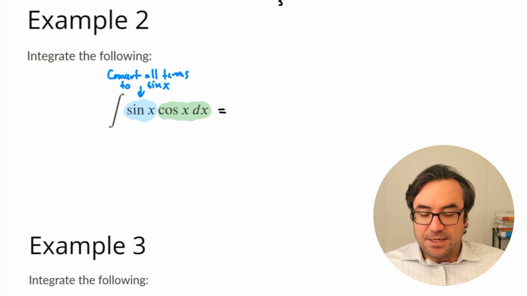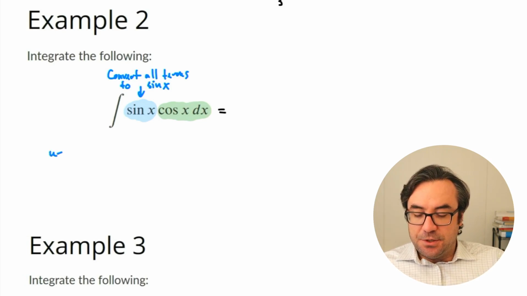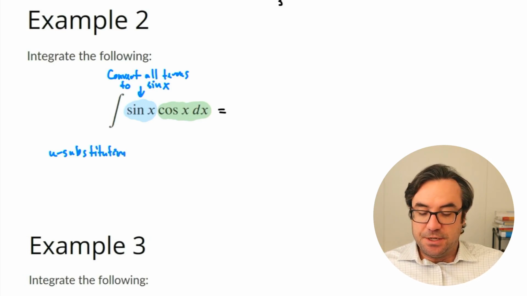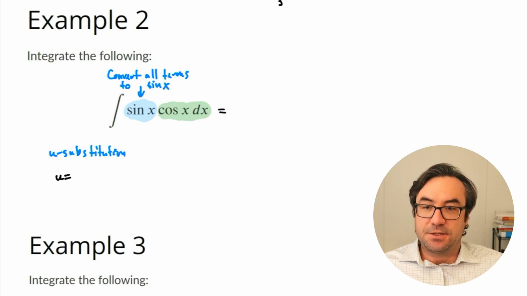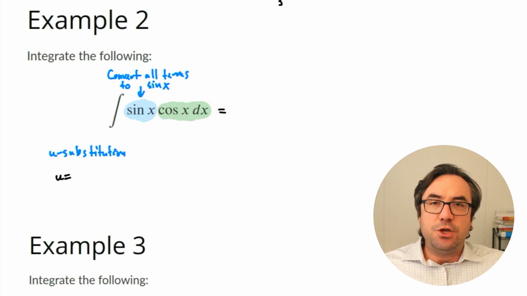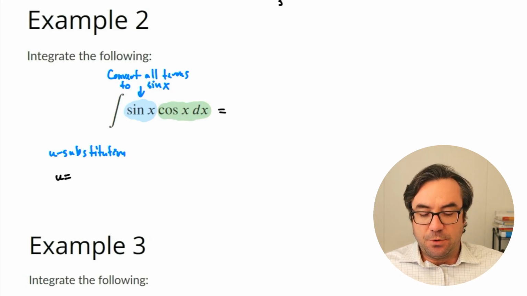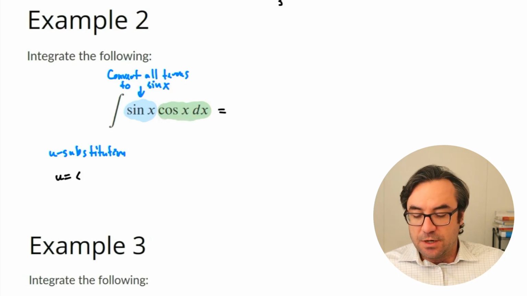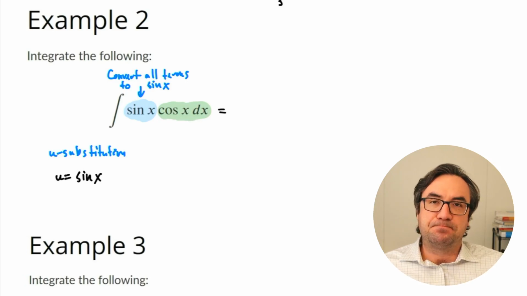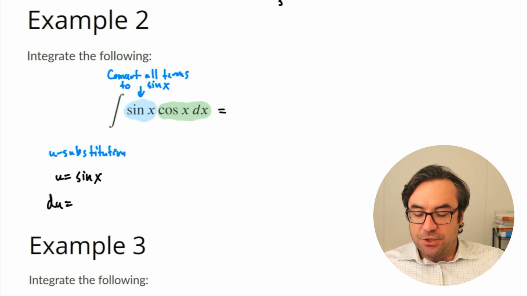So the next step is to do the u substitution. We're going to let u equal sine x. Whatever term we put next to our differential, we let u equal the opposite one. So we put cosine x next to it, so we let u equal sine x. And then we calculate our differential. The derivative of sine is cosine.